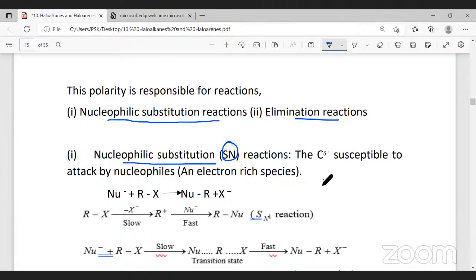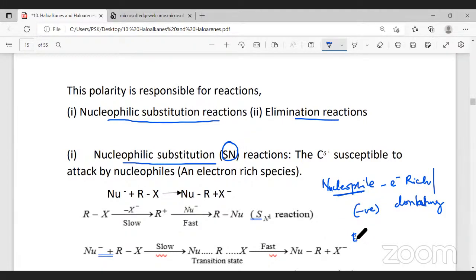What is a nucleophile? Nucleophile is an electron-rich group, or electron-donating group. They are called nucleophiles. Generally, they will be negatively charged. There are neutral nucleophiles also.